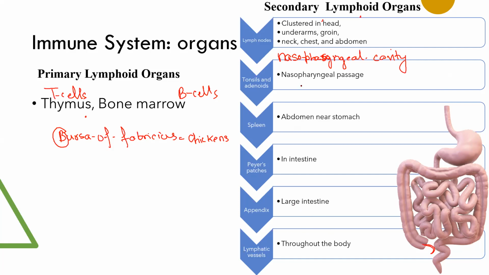So apart from the lymphatic vessels, all other structures are secondary lymphoid organs, which help the B cells and T cells to come and interact with the antigens. So we have Peyer's patches in the small intestine, spleen over here, lymphatic system over the entire body.